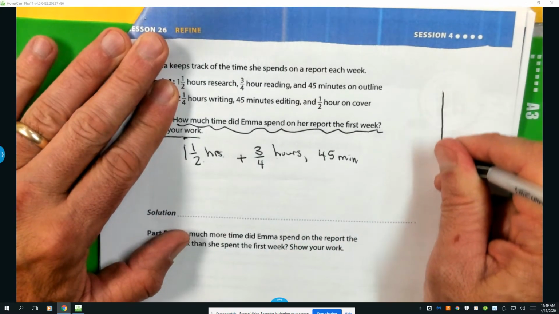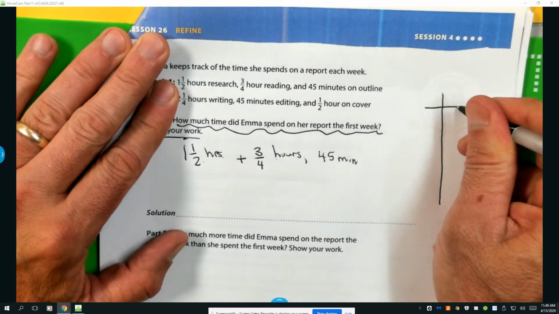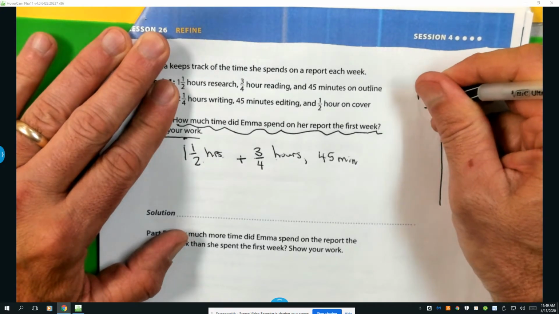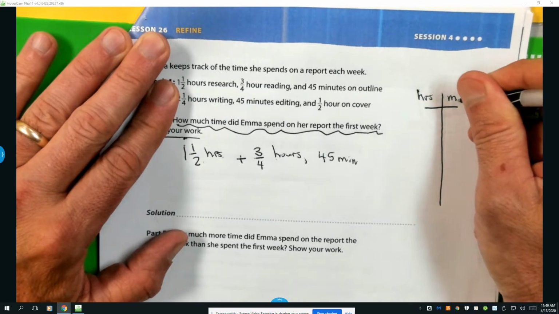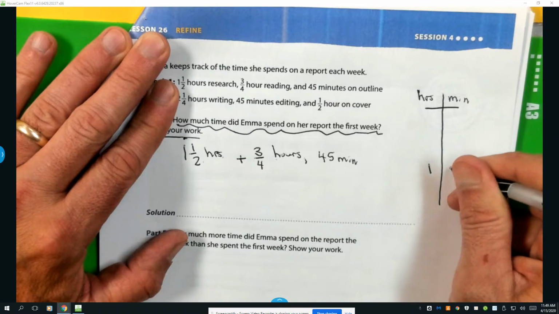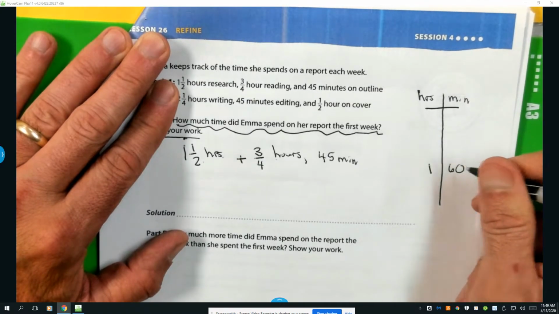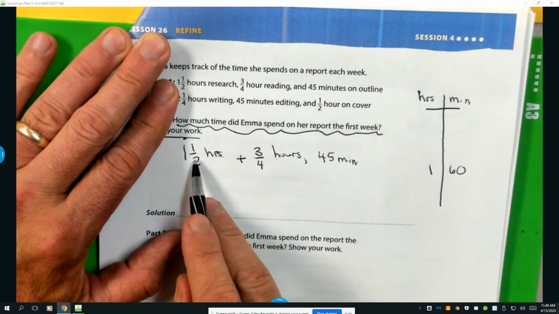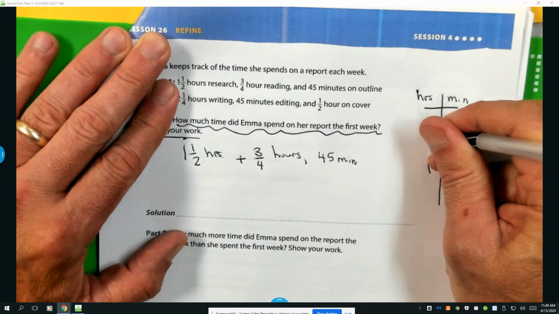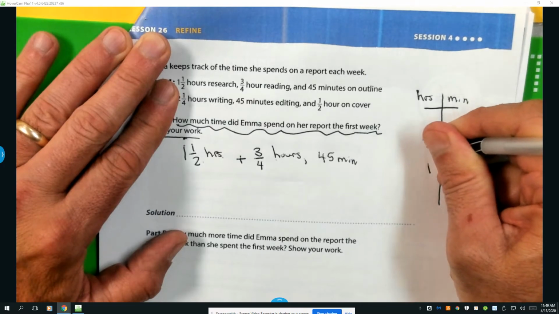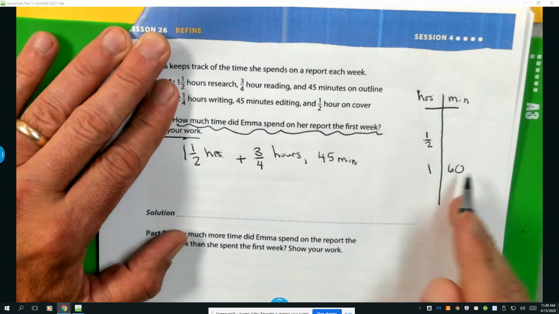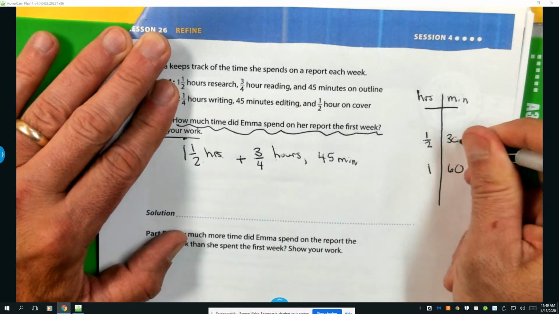So I want to turn hours to minutes. I'm going to start with 1 hour is 60 minutes. Now I see that this is 1.5. So I'm going to find what the half is. 1/2 hour. And I know that half of 60 is 30 minutes.